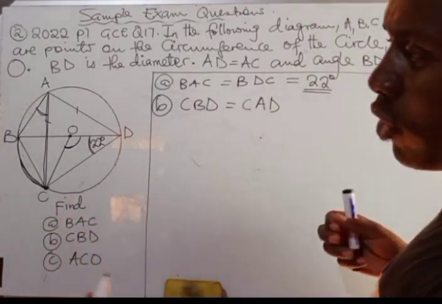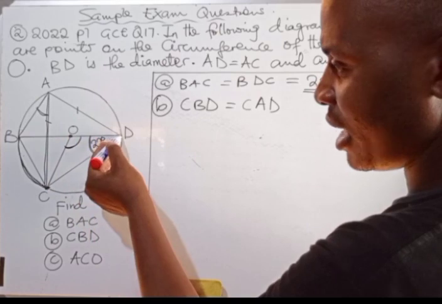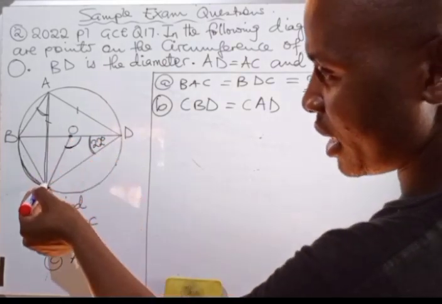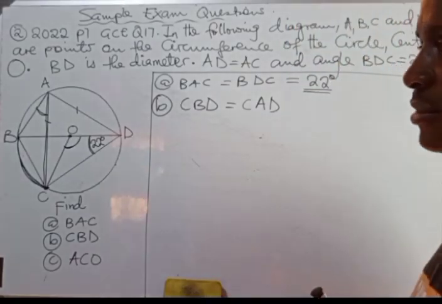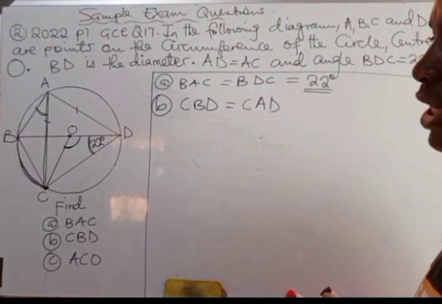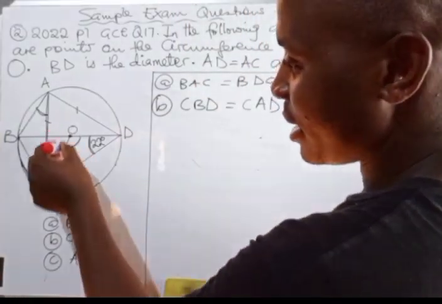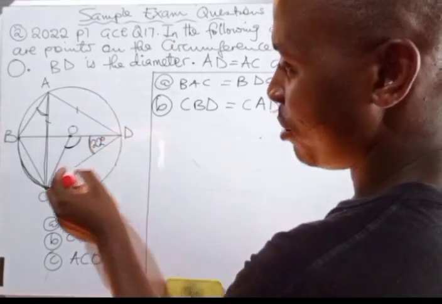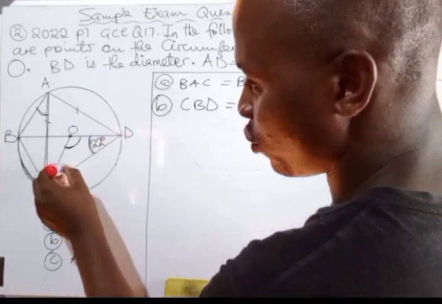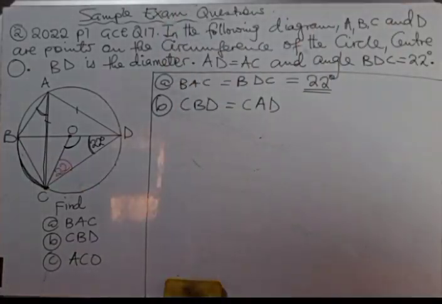This is the center, which means this is a radius, and this one, and that one, and that one are also radii. So this is a triangle. If this is a radius, then this one will also be 22, and that one will also be 22.